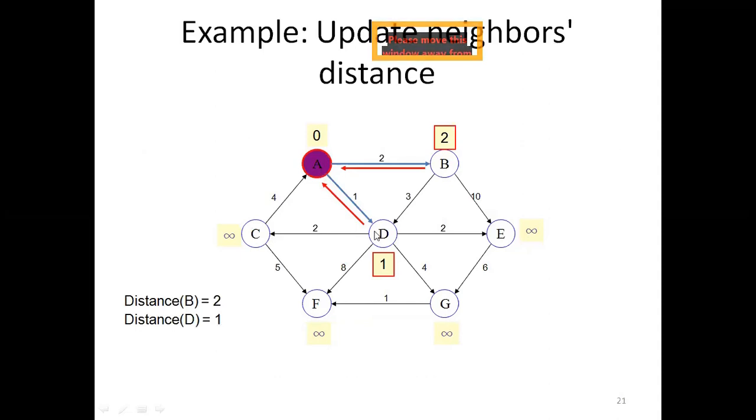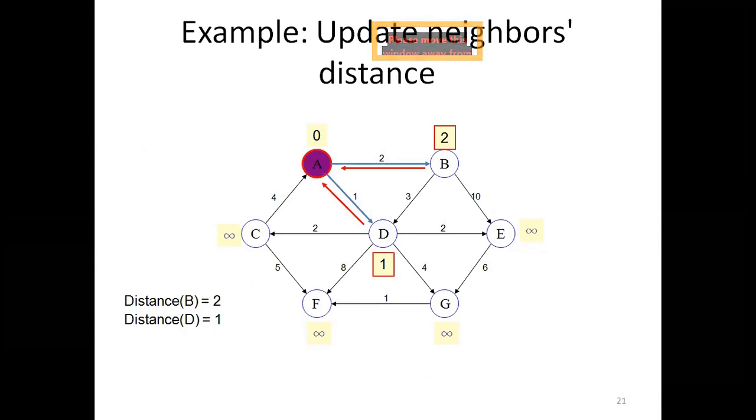So now check this one, distance of B and distance of D. The directed edges connecting with A are B and D. So the weight of B is 2 and the weight of D is 1. Since D is at minimum distance, its distance is 1.